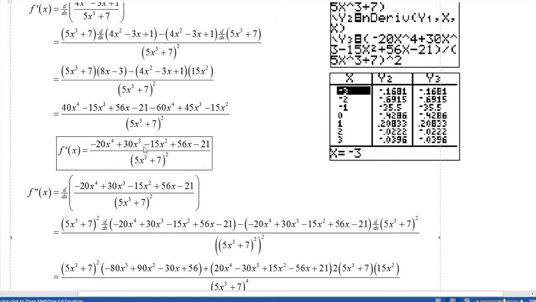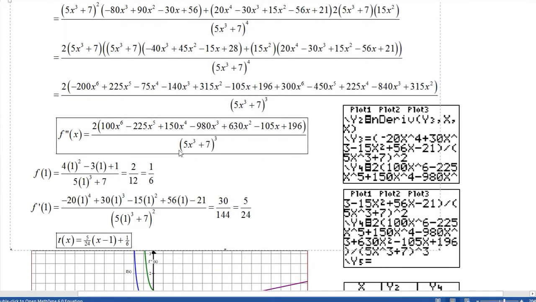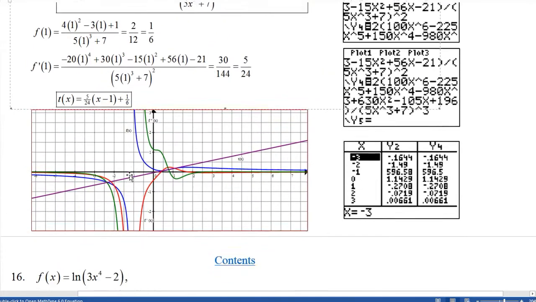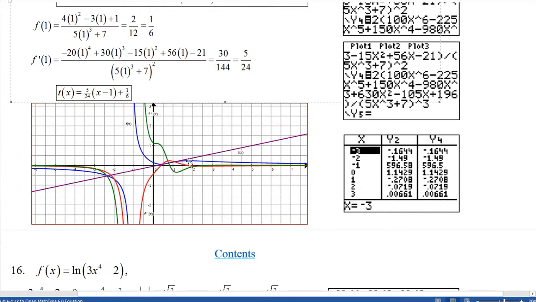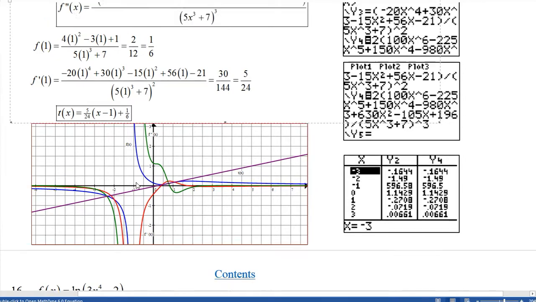So the bottom is going to go to infinity faster than the numerator, enough so that we know that this limit is 0. And similarly down here, this is a 9th degree polynomial in the denominator, which is higher degree than the numerator. So all three of these functions, the original, the derivative, and the second derivative, all approach the x-axis as we go to infinity or minus infinity. So they all have a horizontal asymptote.